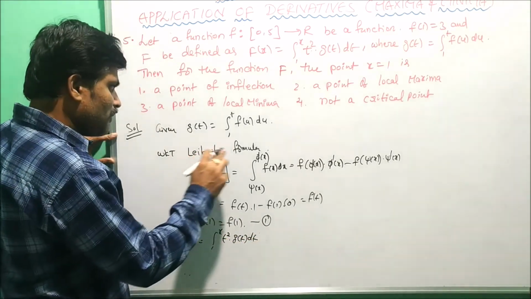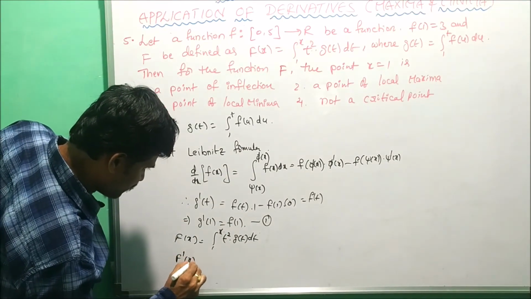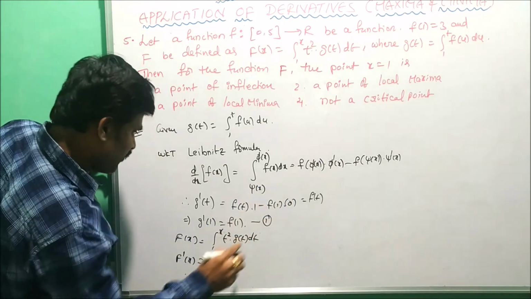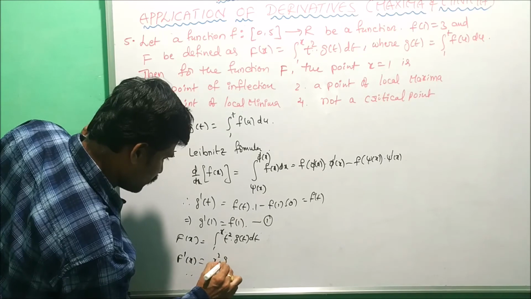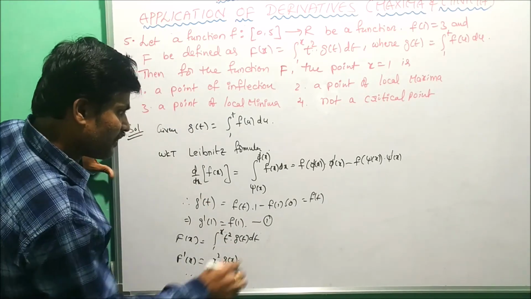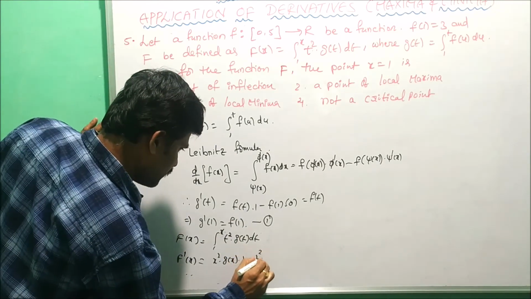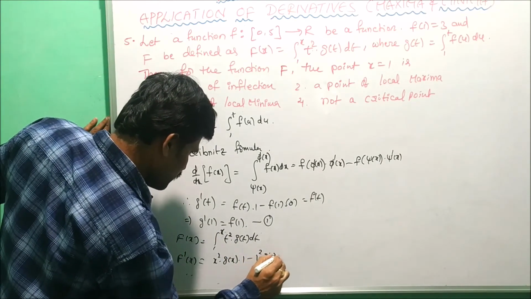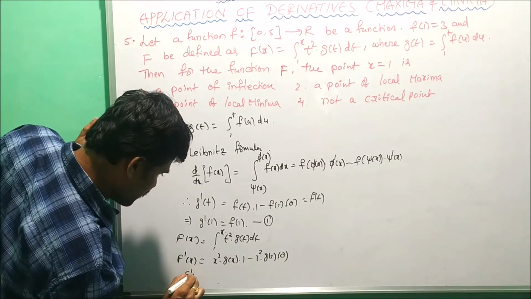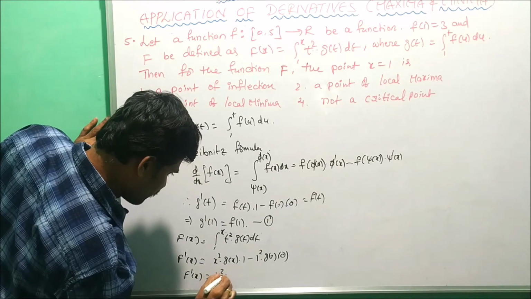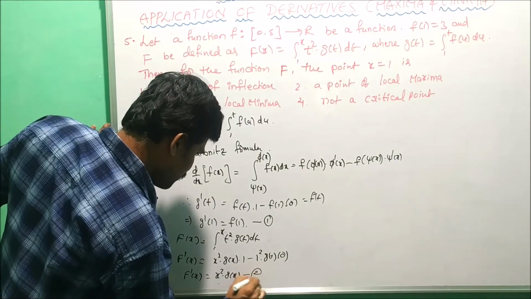Here also using the Leibniz formula to find the derivative of that function, F dash x equals, first we write for the upper limit, x square into g of x into the derivative of x, that is 1, minus 1 square into g of 1 into the derivative of 1, that is 0. Now simplify: F dash x equals x square into g of x. Now this is equation 2.